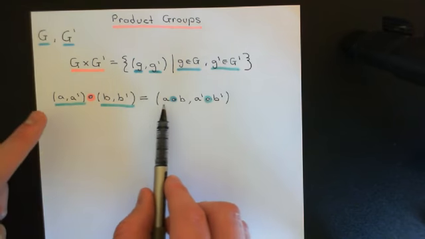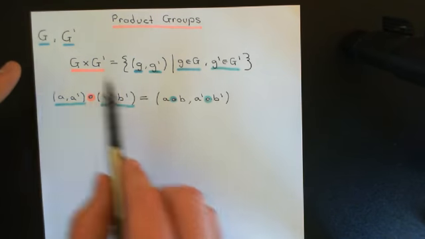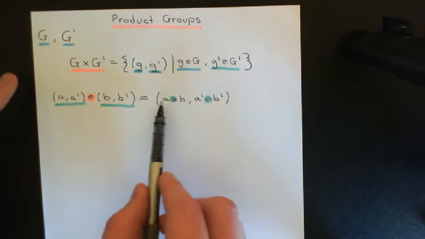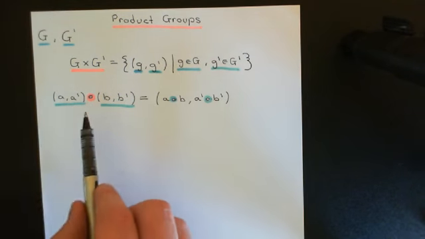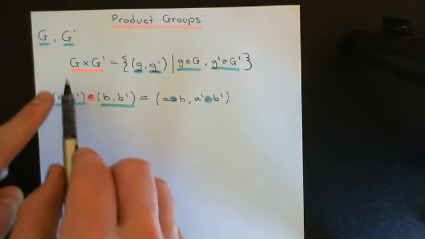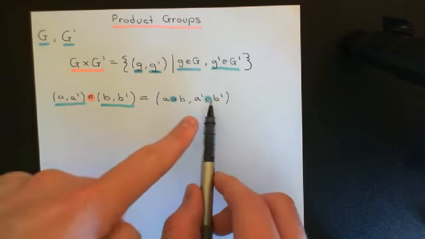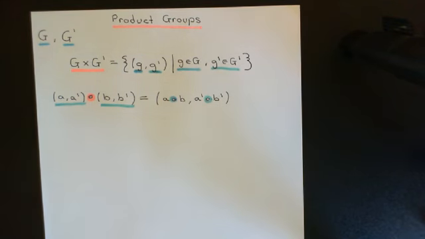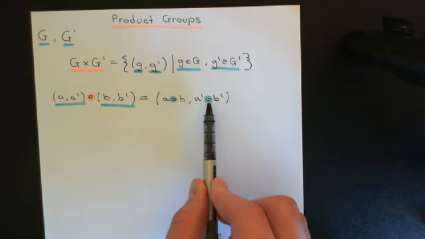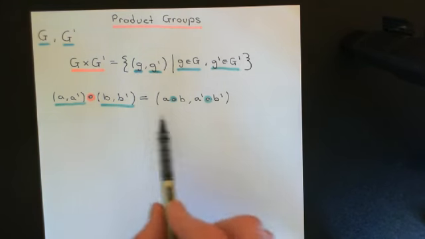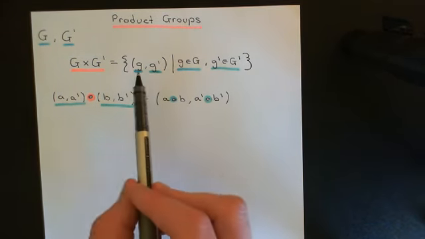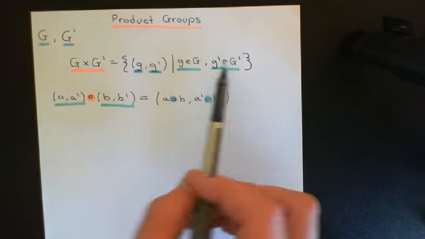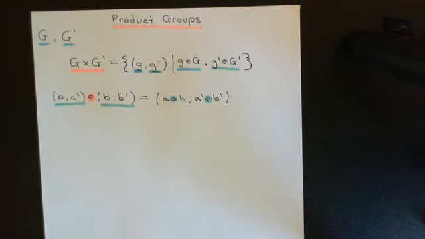So whenever I compose two elements of the group capital G together, I'll get another element of capital G, so a composed with b here is another element of capital G, and whenever I compose two elements of capital G prime together, I'll get another element of capital G prime, so I've put an element of capital G prime here. So this must be another element of this set, because this set, remember, contains every possible combination of one element from capital G and one element from capital G prime.